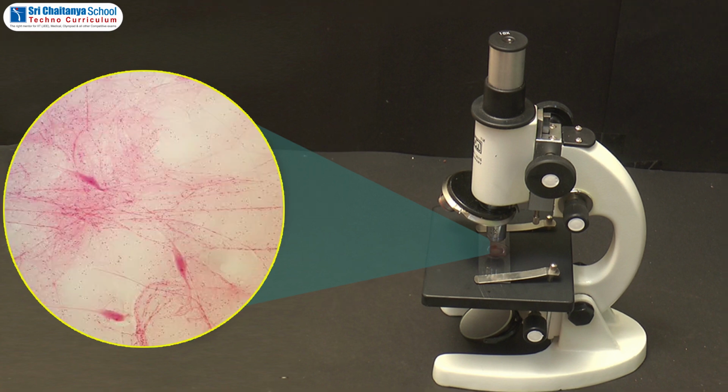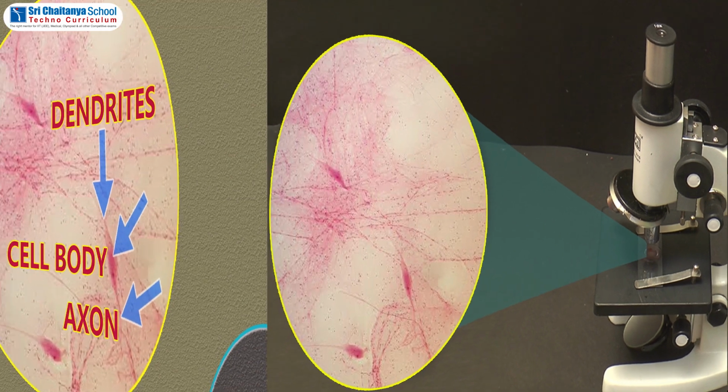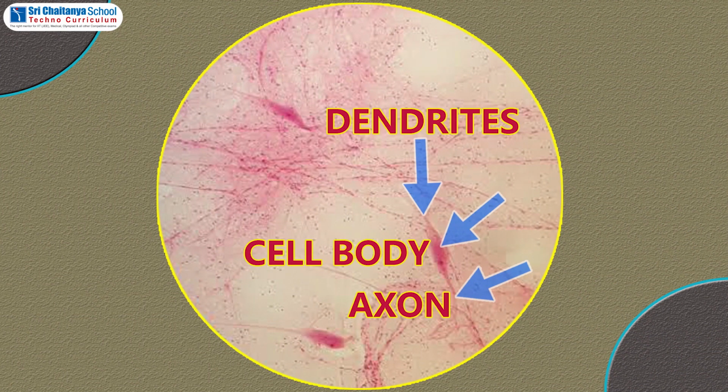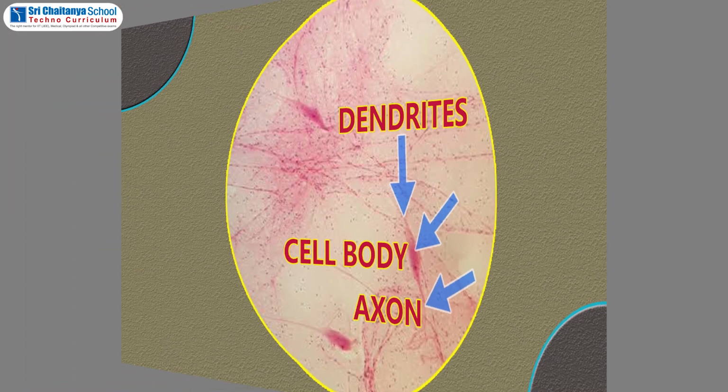Under the high magnification, the nerve tissue shows nerve cells. They have three parts: a cell body, short dendrites, and a long axon. The axon may or may not be surrounded by myelin sheath.